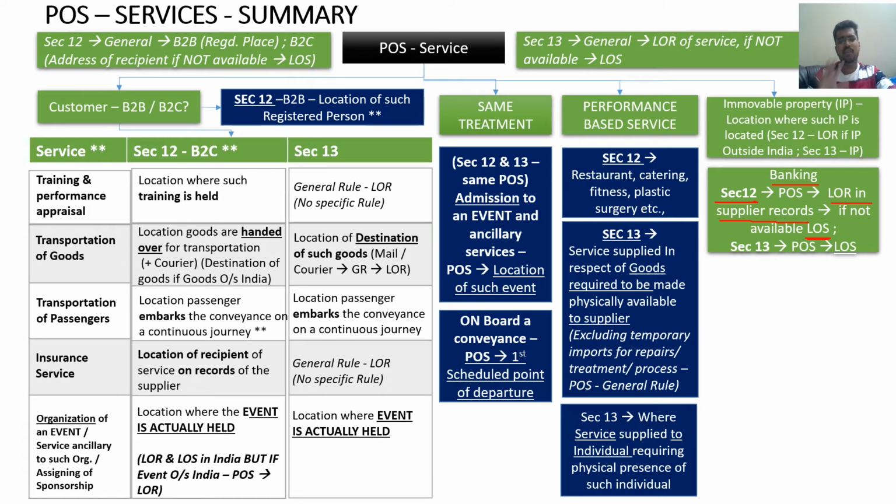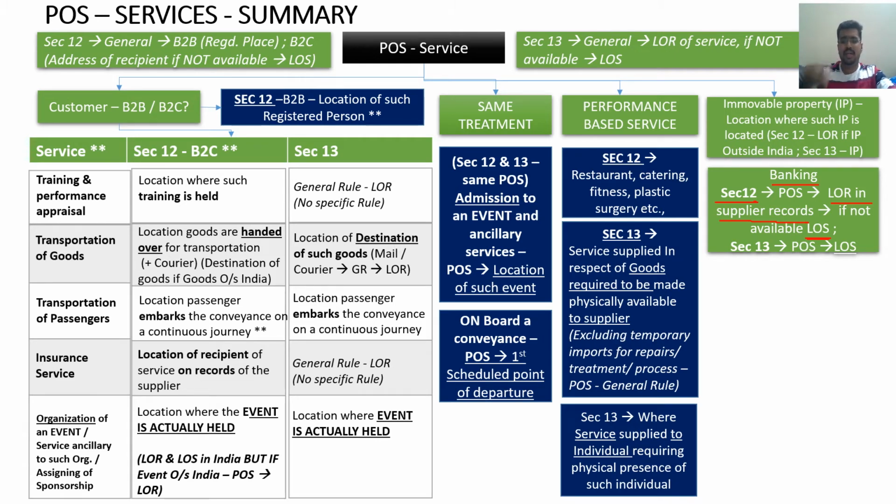However, you have an account in Chennai in say SBI Bank, but however you went to Syndicate Bank or you went to Axis Bank to take a DD. You are a walk-in customer there, and you are not giving them proper details on the location of the recipient. So in that case, if it is not available for them, then they can consider the location of the supplier itself as the place of supply.